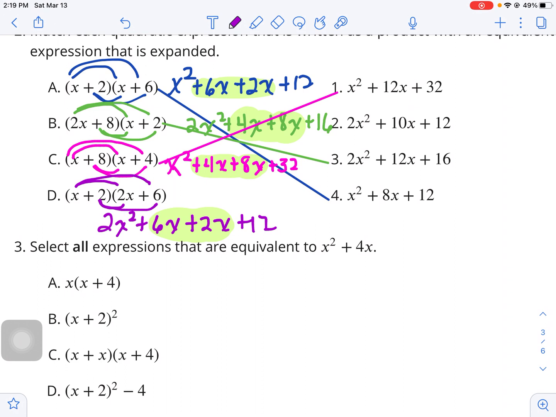Oh yeah, this should be a 4x. Good thing I checked. So I do get 10x when I combine those middle ones, and so that's number 2 in expanded form.